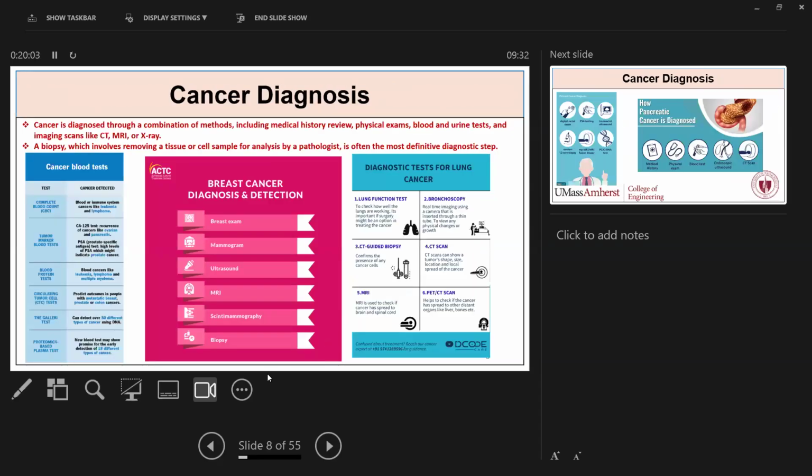Can anyone post in the chat box, just name a few limitations? What do you think of the current conventional methods? Early detection is not possible. Excellent. What else?